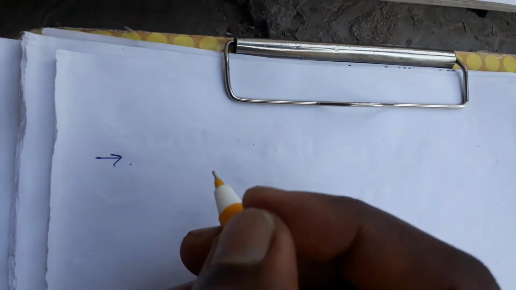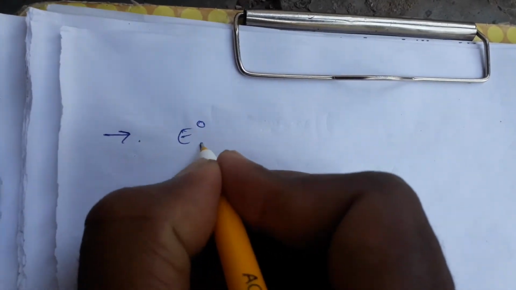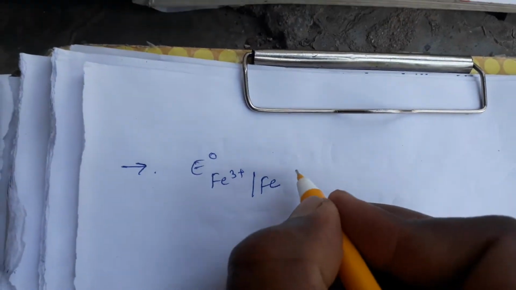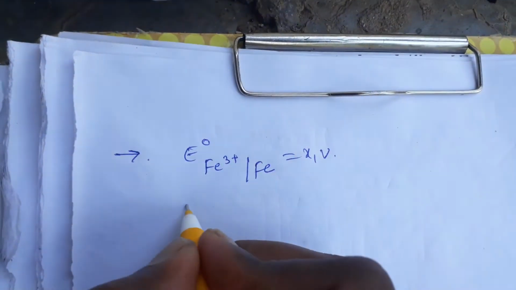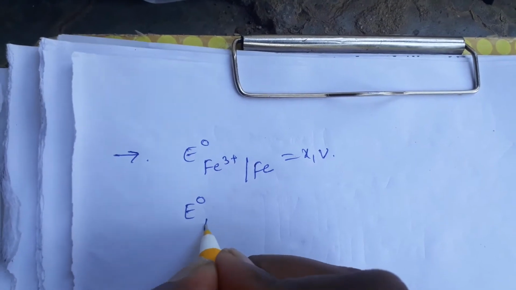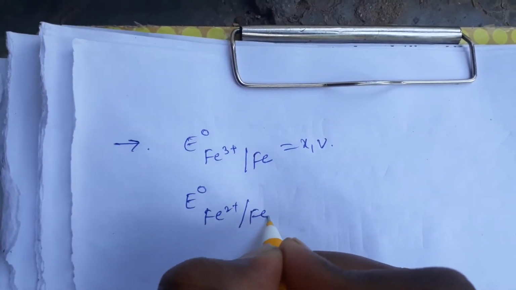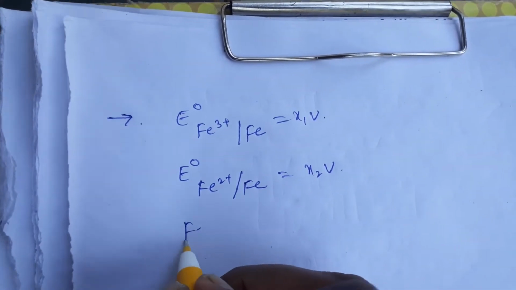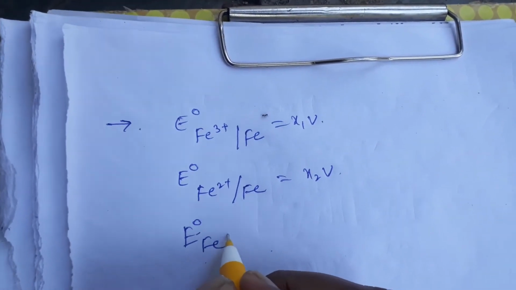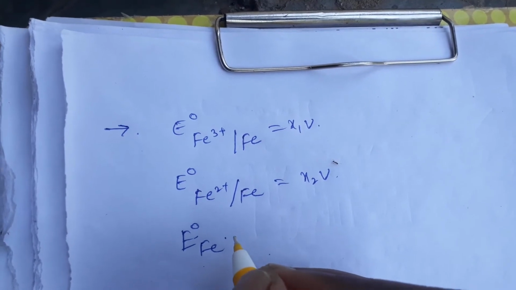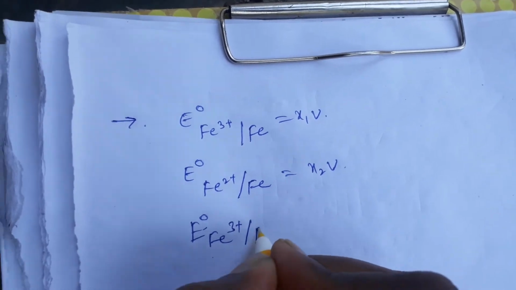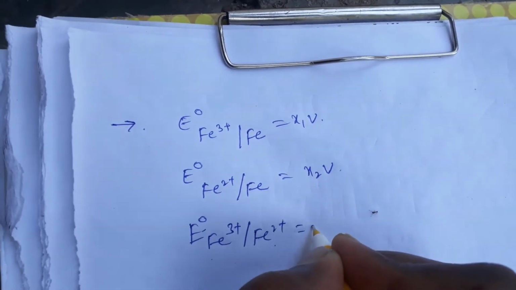One example: first you take the E naught of Fe3+ going to iron, that is x1 volt, and E naught of Fe2+ going to Fe, this is x2 volt. And E naught of Fe3+ to Fe2+ is going to be how much?